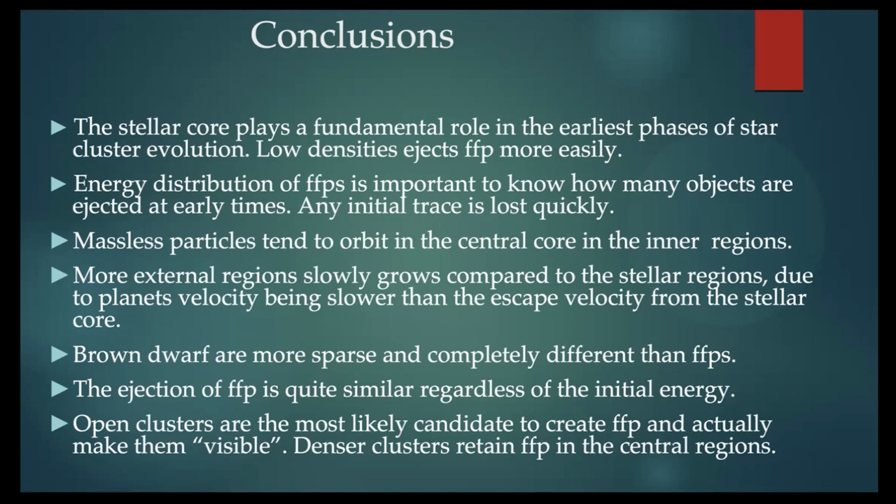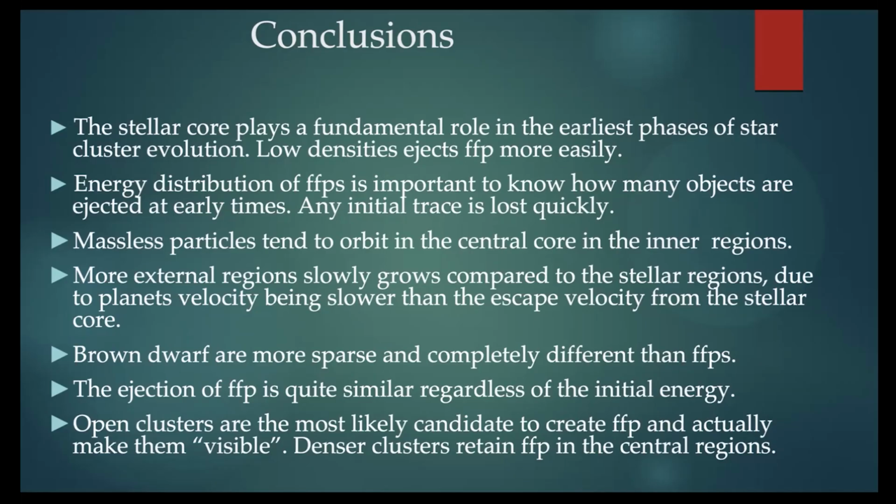I have a very quick question for you. On your statement and the conclusions here, that you generally retain free-floating planets in the clusters, how does that reconcile with the high ejection percentages that you were talking about? Okay, so this is coming from two different things.